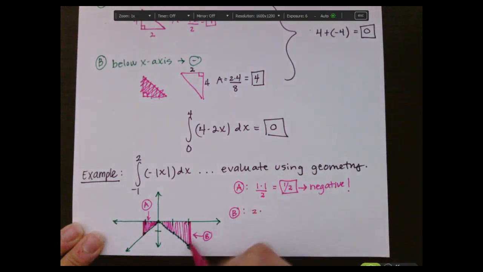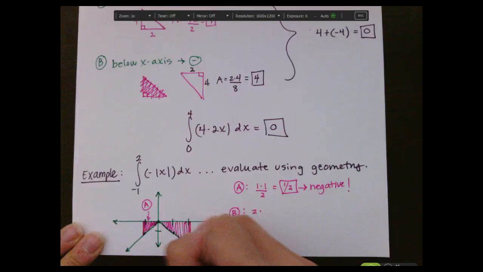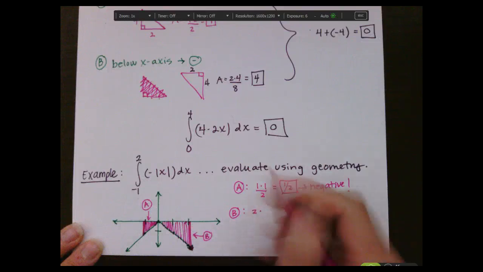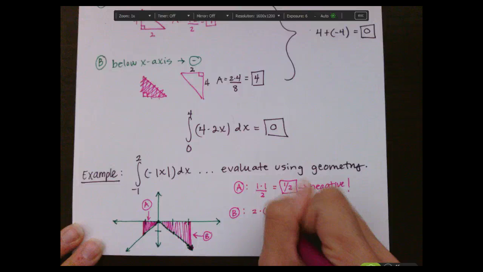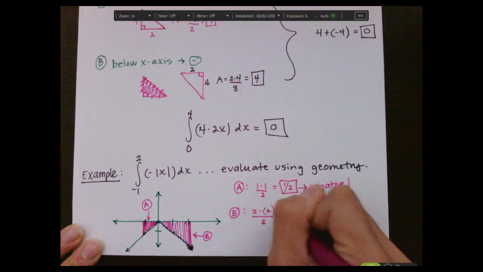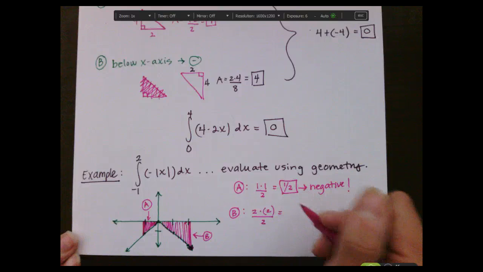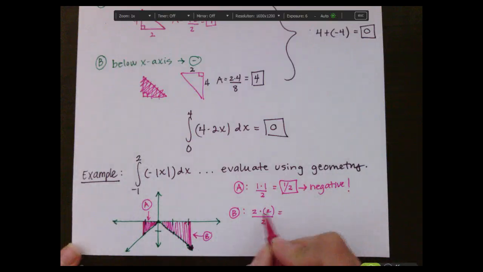I have a height of 2, and by the way, if you didn't calculate that point right there, I did it kind of quickly. If you plug 2 into this function, the absolute value of 2 is 2, and then make it negative. So this goes down to negative 2, which means the height of the triangle is also negative 2. Notice I didn't put the negative in there, and that's just because heights really aren't negative, but the region itself has a negative area because it's below the x-axis, but it certainly wouldn't be wrong if you put a negative in there.